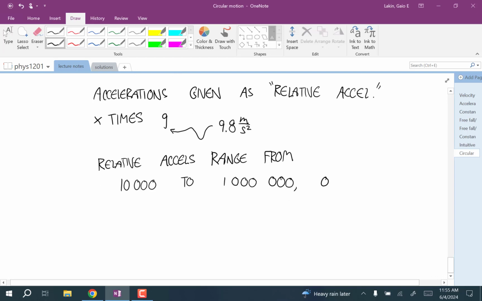And what that means is 10,000 times 9.8. So this would be 98,000 meters per second squared to 9,800,000 meters per second squared.